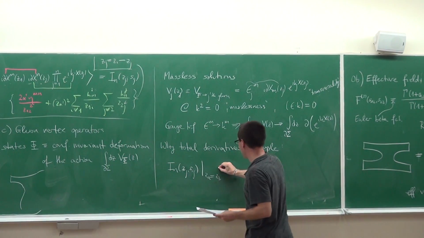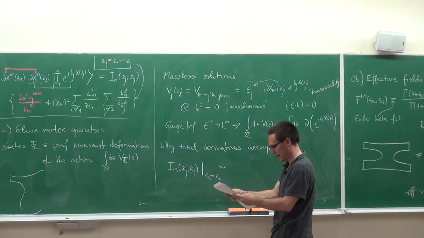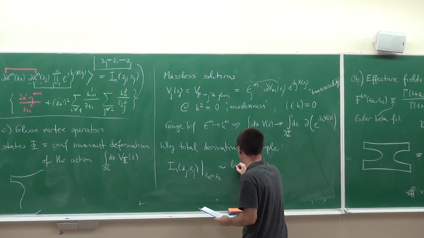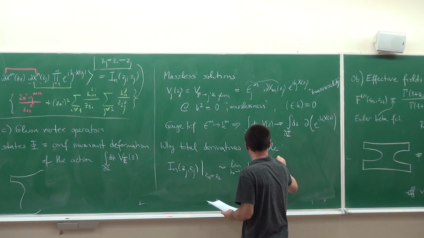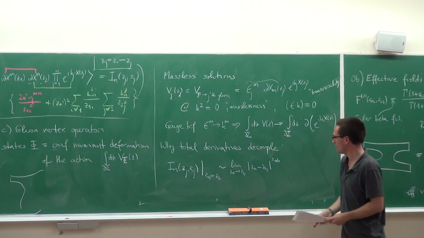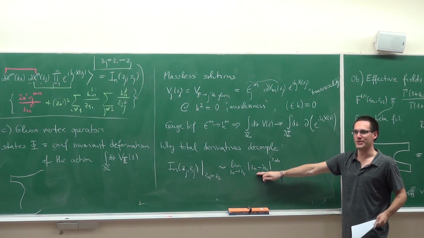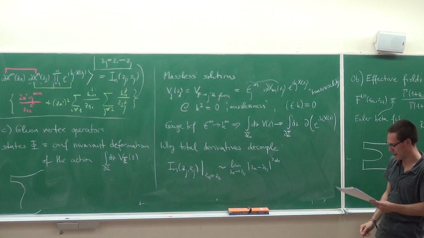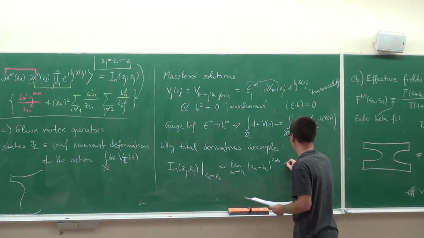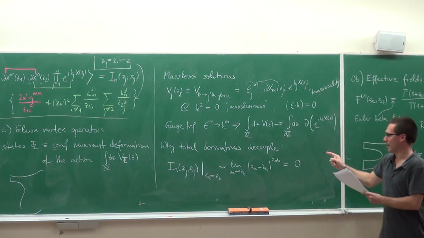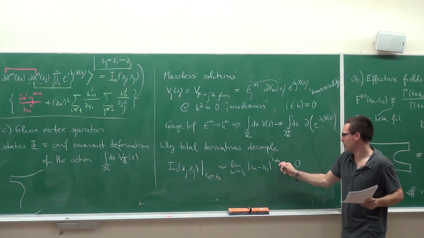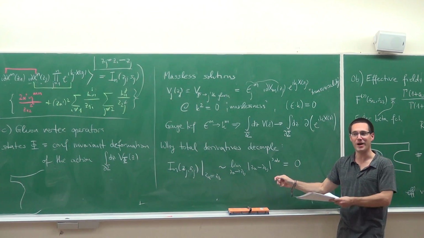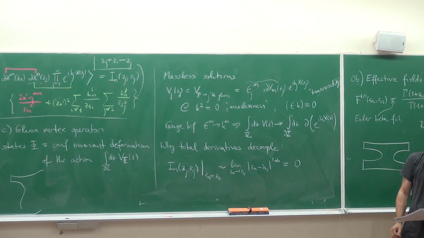And how does it behave when z_a collides with z_b? Something that goes to 0 raised to the power s_ab. Well, I haven't told you which kinematic regime we are in, but let's for the moment assume that s_ab has a positive real part, then this is a really obvious statement.